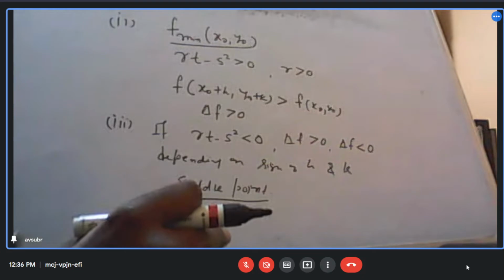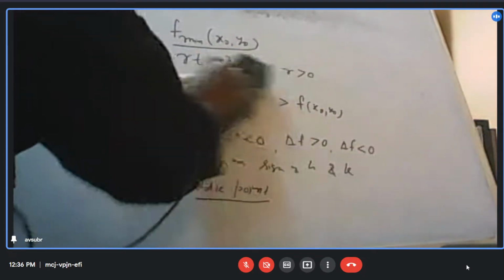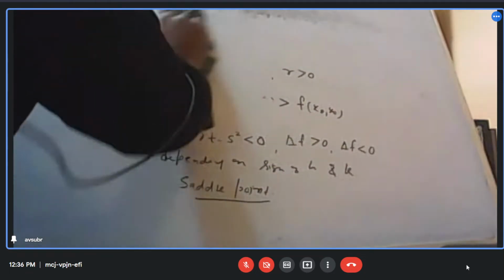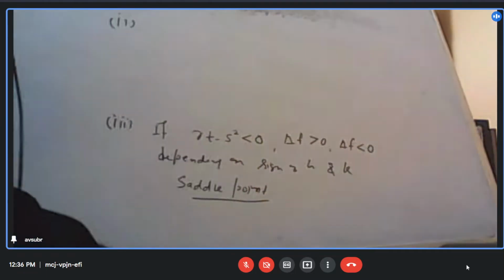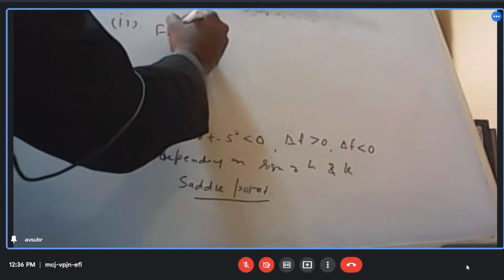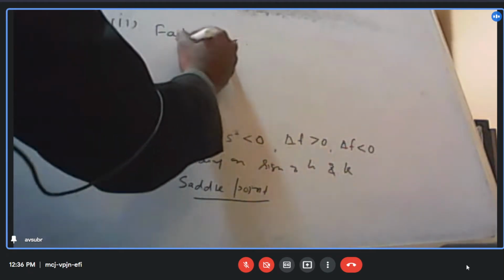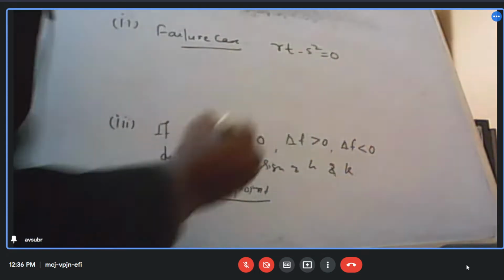No, sir. All right. So the next is the failure case, when it all fails. Failure case is when rt minus s square is equal to 0.